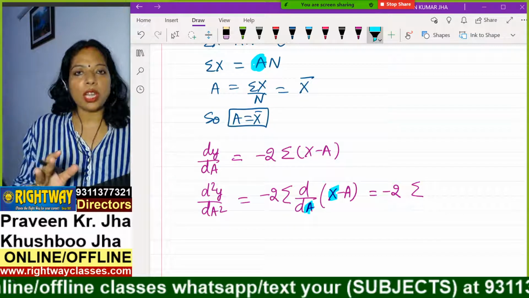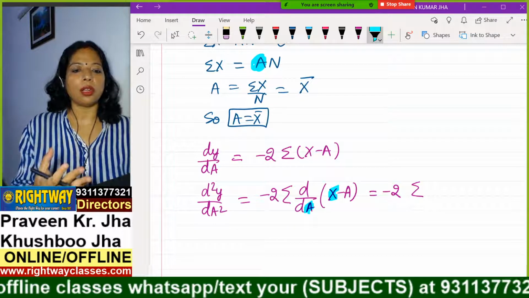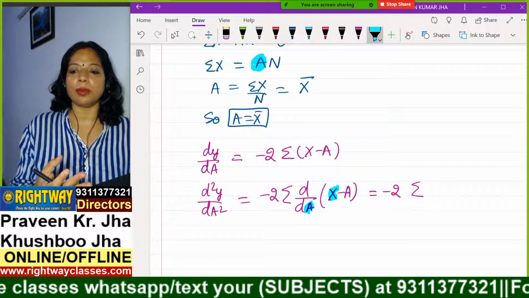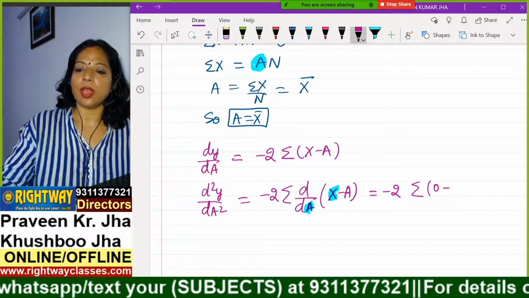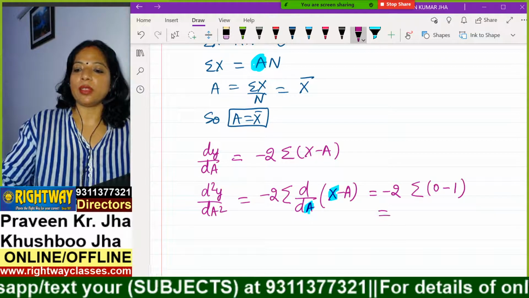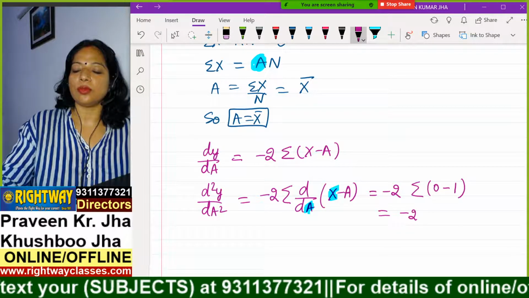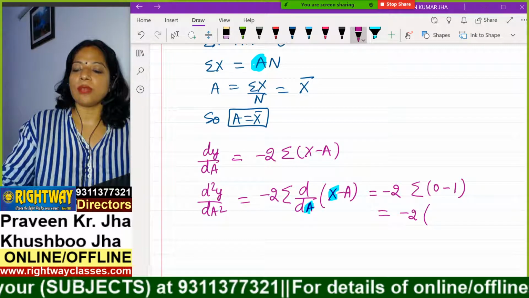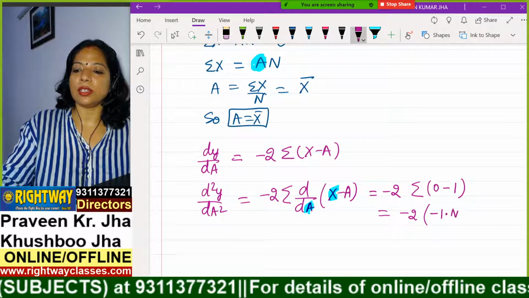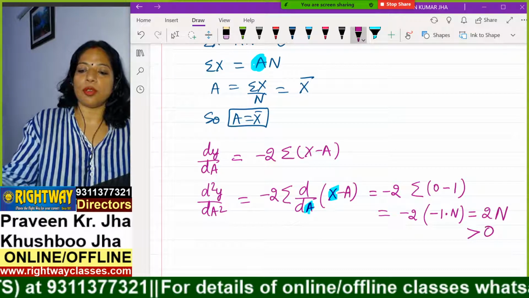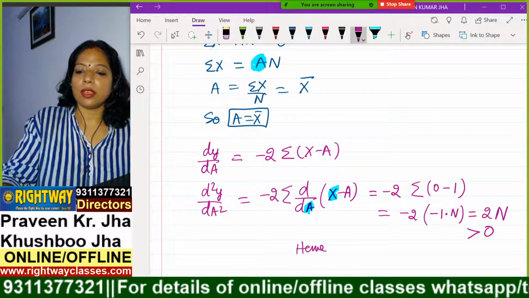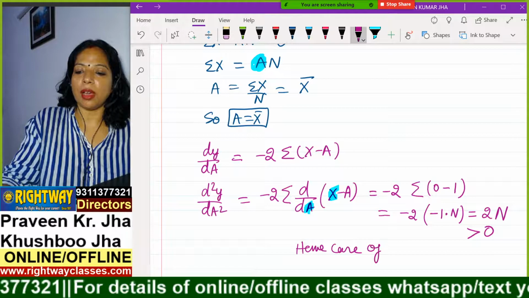X has no relationship with a, so we cannot differentiate it, and its derivative will be 0. And the derivative of a will be minus 1. So what are we getting? Minus 2, and here minus 1 summation will be minus 1 into n. So this is plus 2n, which is always positive, hence a case of minima.